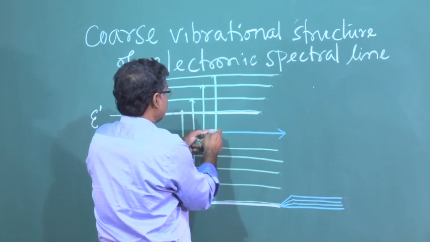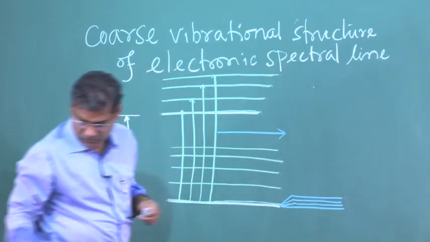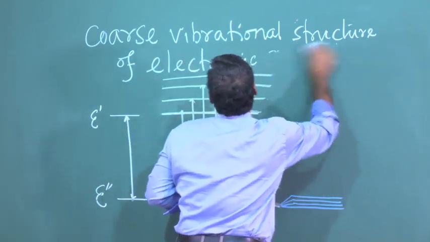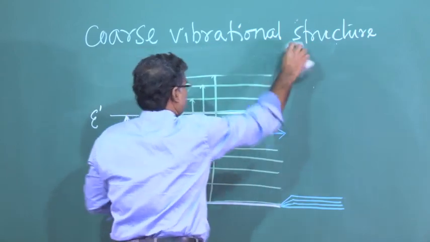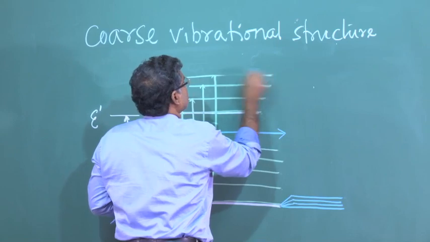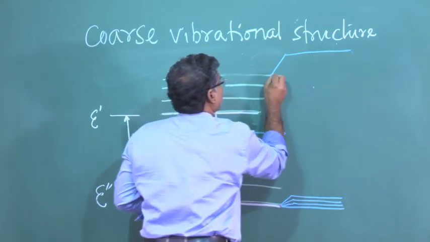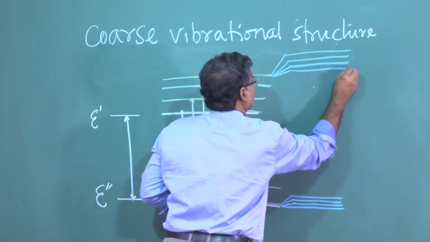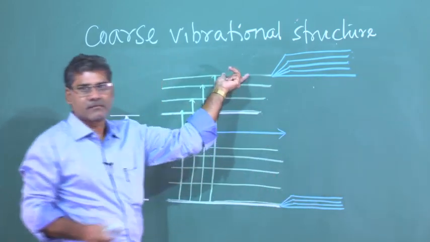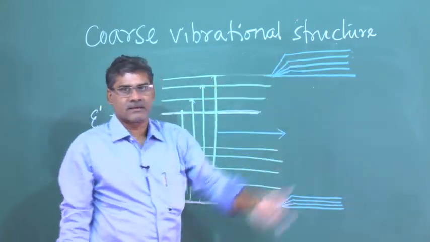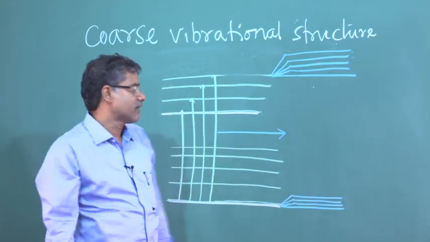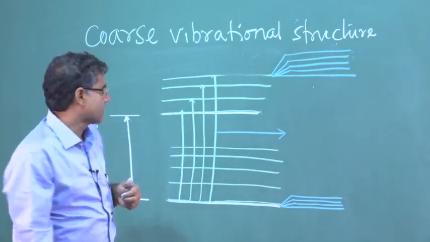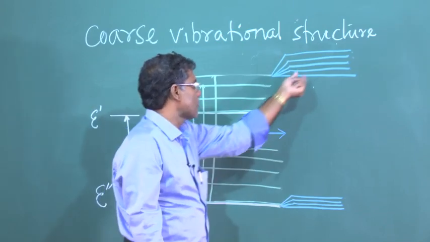Okay. So, if I consider this one, basically this vibrational level consists of rotational energy levels. The separation of these energy levels is 10 to the power minus 1 centimeter inverse. Okay. So, this is really a very small separation.